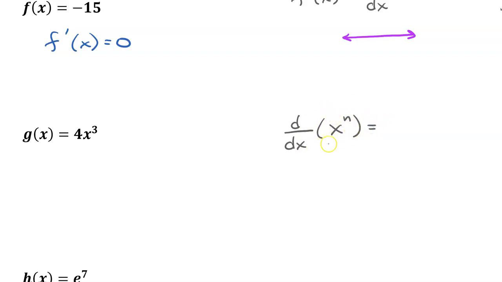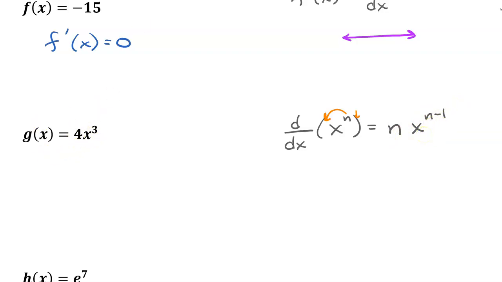We're going to pull that power out front, and then we're going to go down a power. So the power will be in front, and then the new power will be n minus 1.